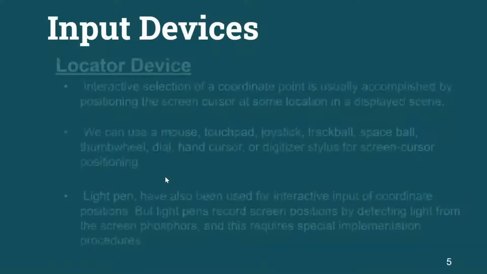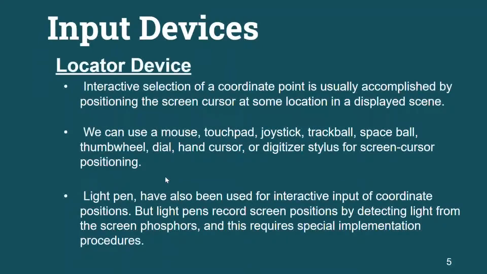Speaking about the locator device, these devices are usually used to give the coordinate position of the cursor. We place the cursor on the screen, and these devices give out the location of the cursor position. We can use a mouse, touchpad, joystick, trackpad, and so on.